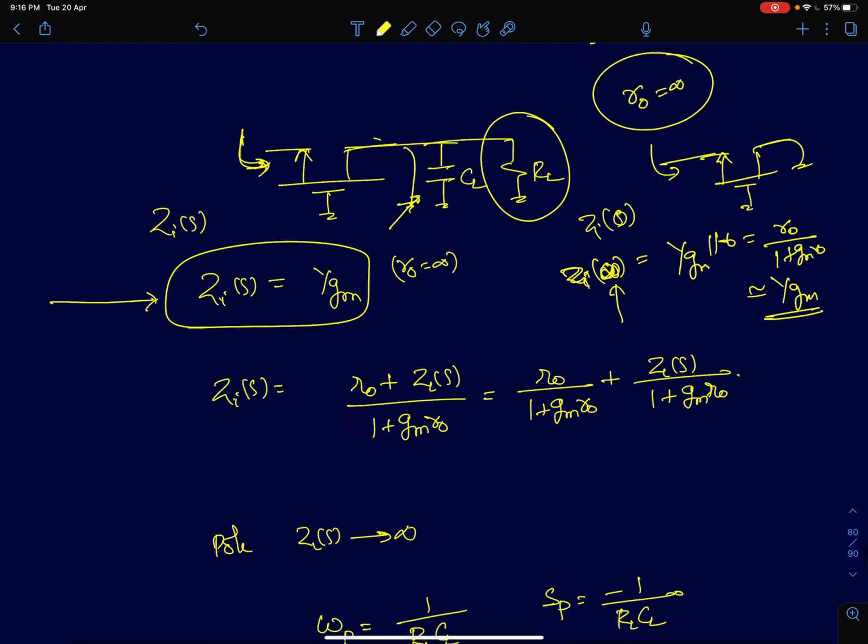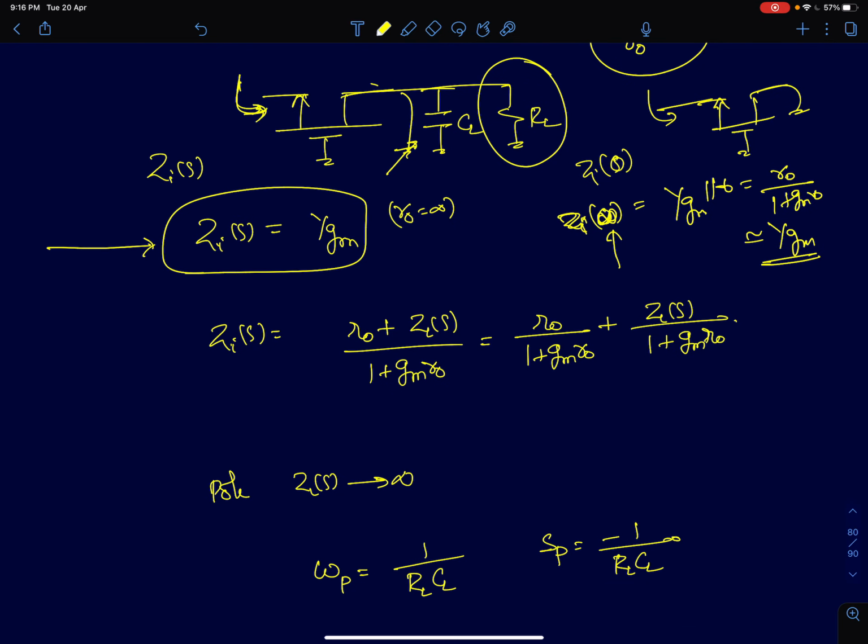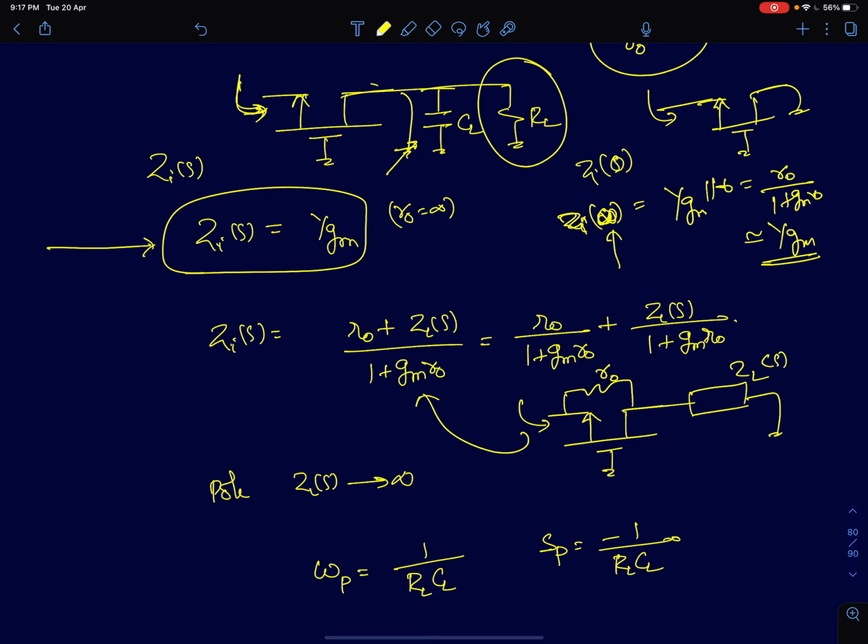Now I'll use an equation which I had already derived for common gate amplifiers previously. If I have a load impedance at the drain terminal, then the looking-in impedance in a common gate amplifier is given by, in the presence of R0, if R0 is infinity, it is just 1 by Gm, but otherwise it's given by R0 plus ZL of S divided by 1 plus Gm R0.